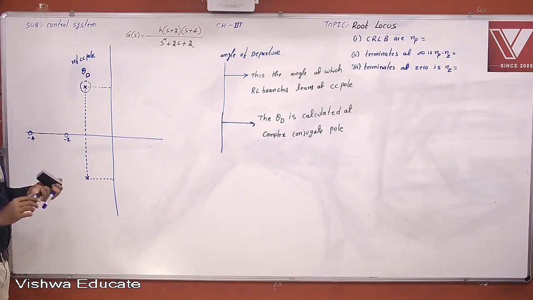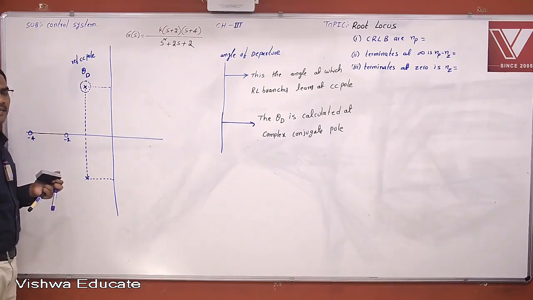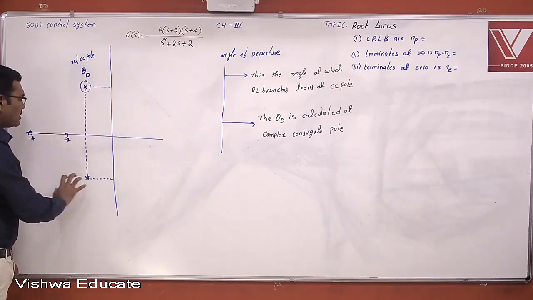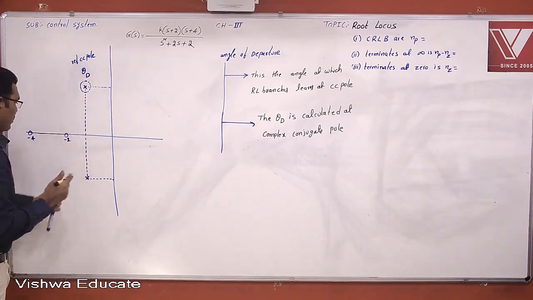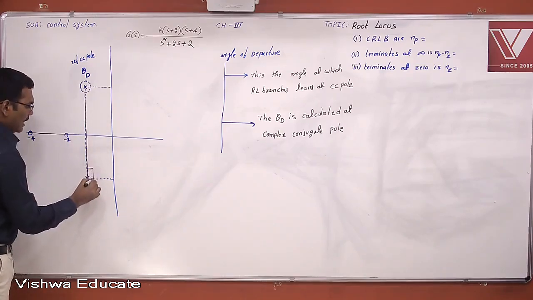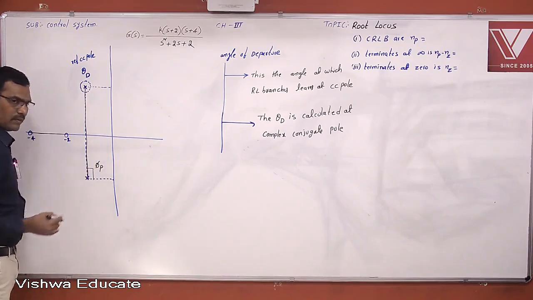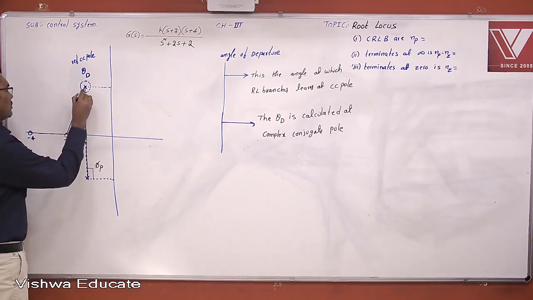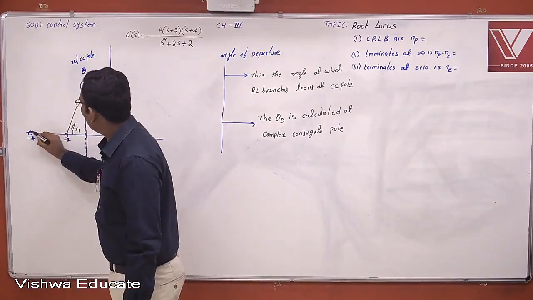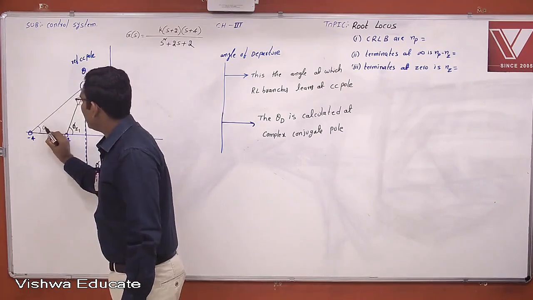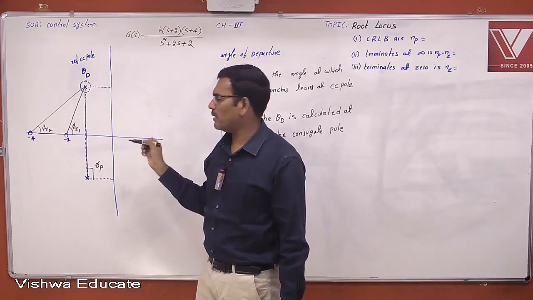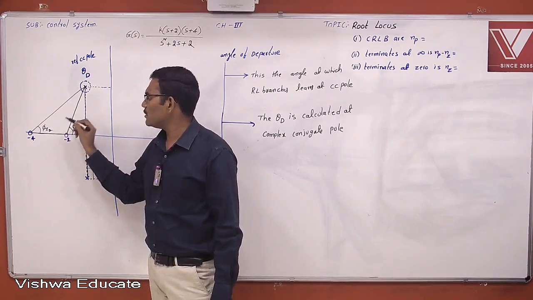Now listen carefully. Where you want to find the angle of departure, that is the reference complex conjugate pole. From all the poles and zeros, you draw the vector lines. From this pole to the reference pole, if I draw a vector line, this is the angle made by pole P. And from this zero to here is the angle made by zero 1, and from this zero is the angle made by the second zero. If there is one more pole, the angles made by poles P1, P2, P3, and more zeros, the angles made by zeros Z1, Z2, Z3, like that.